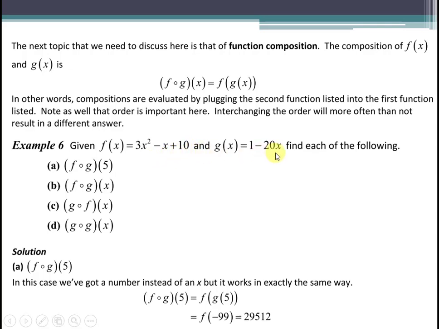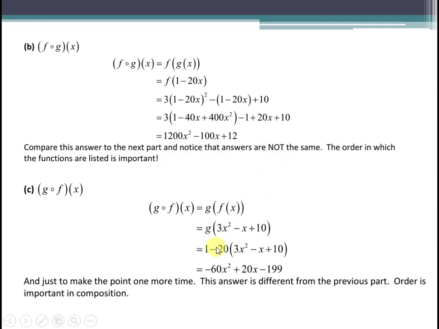And we get the answer 1 minus 20 times (3x squared minus x plus 10). After simplifying, we have minus 60x squared plus 20x minus 199. So order is important in composition.